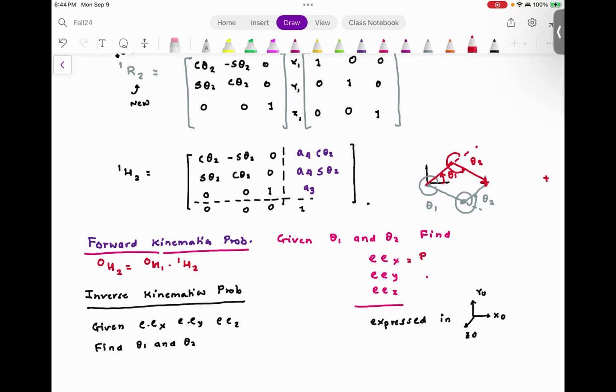Forward kinematics will give me the relation for Px, which is the position of end effector in x coordinate, as a function of theta 1 and theta 2. Forward kinematics will give me Py, which is another function in terms of theta 1 and theta 2. And this will give me Pz as the function of theta 1 and theta 2. Are you with me so far?